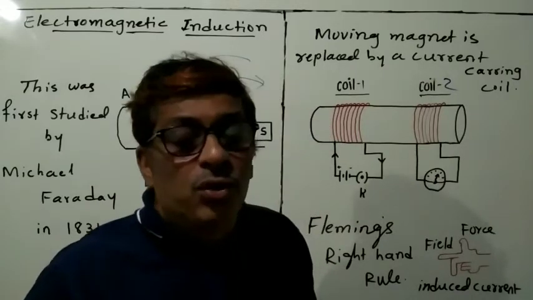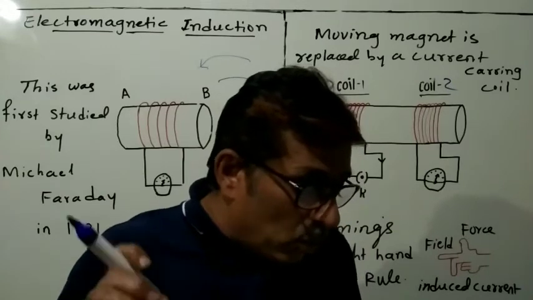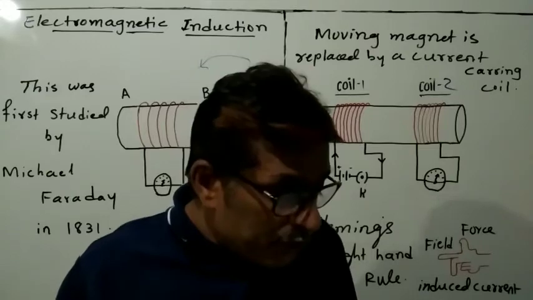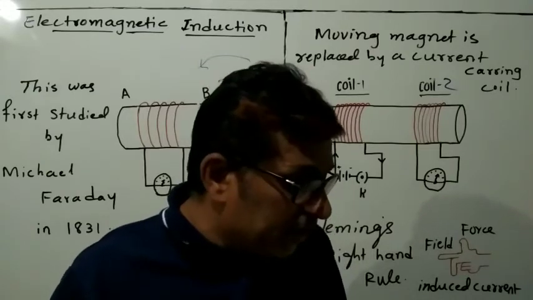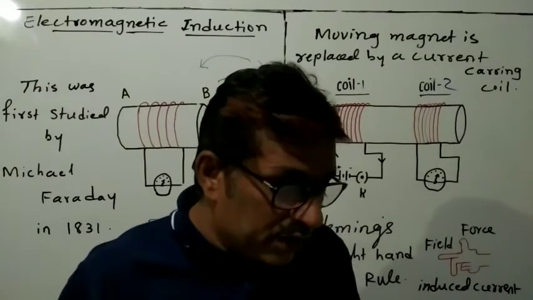Now, you got the definition of electromagnetic induction. The process by which a changing magnetic field in a conductor induces a current in another conductor is called electromagnetic induction.